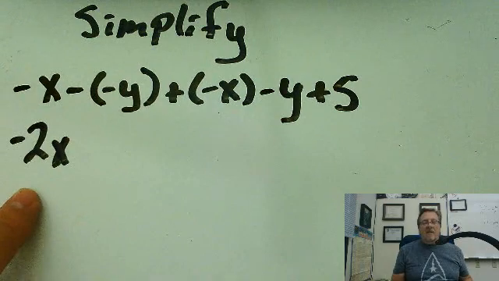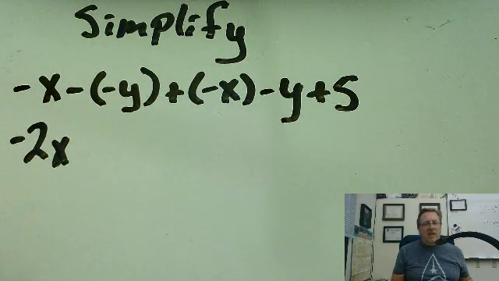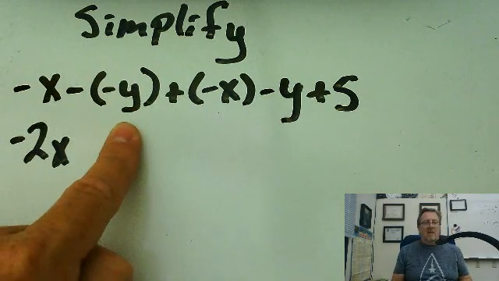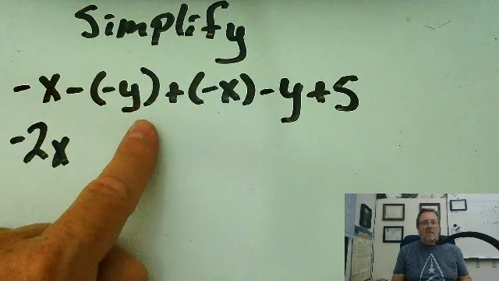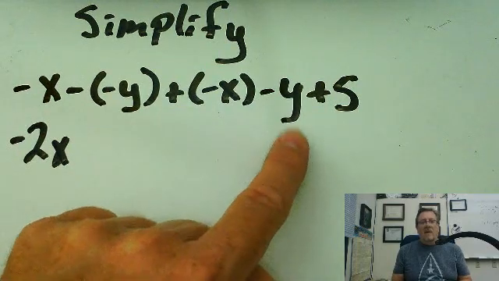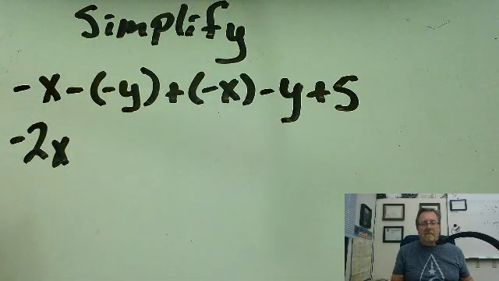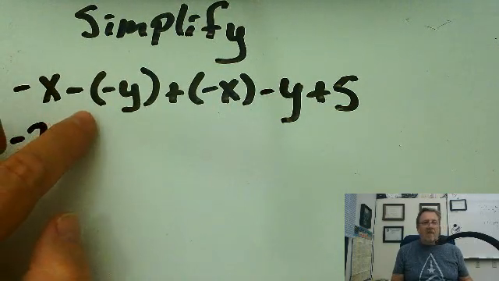Moving on, I see some other terms that look like they're like terms. Here's one, and here's one. They're both y's. They're both raised to the same power. Therefore, they're like terms. But in front of this y, I see two negative signs.